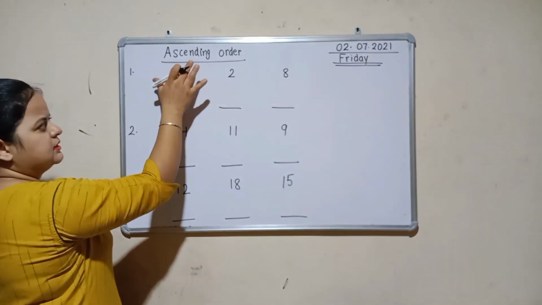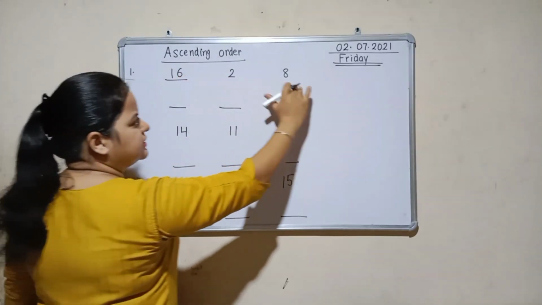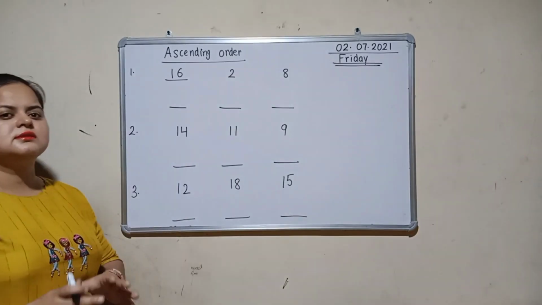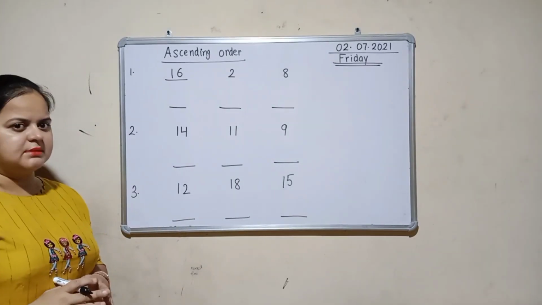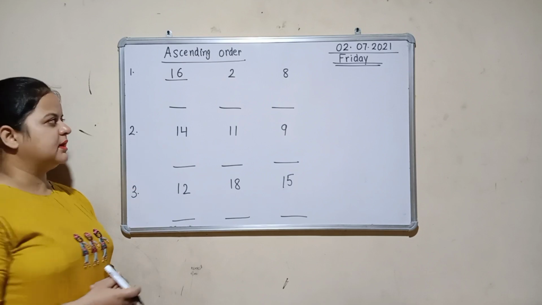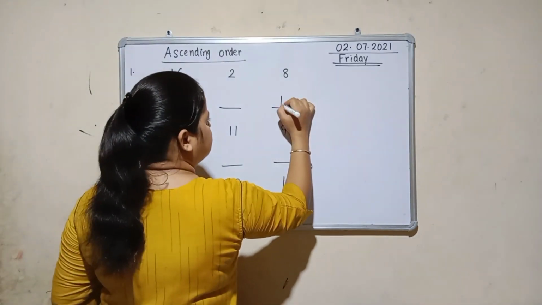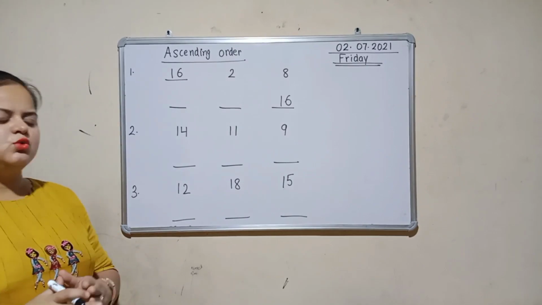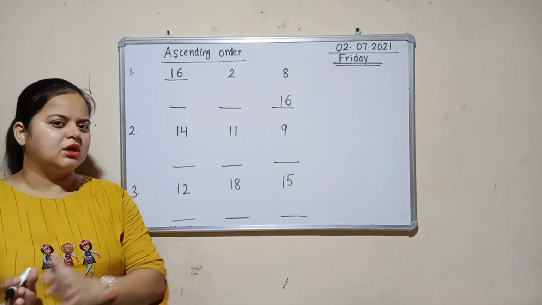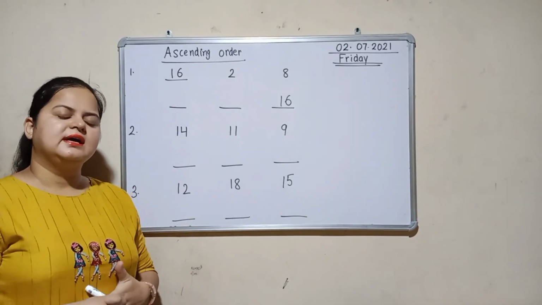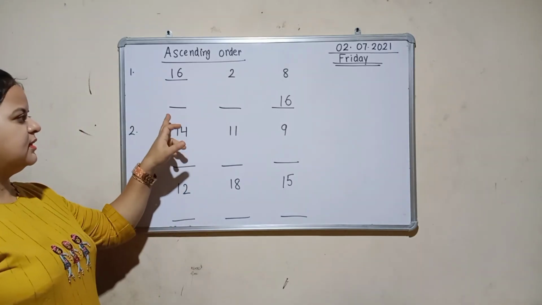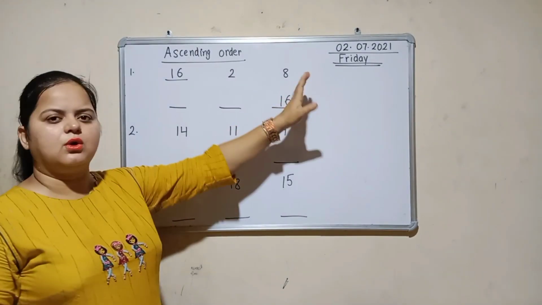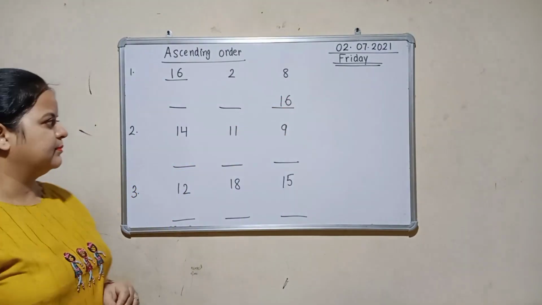So this is the greatest number from these three. In these three numbers, 16 is greatest. 16 is the greatest number, the bigger number, so we will write 16 here in the last, because to arrange numbers from smallest to greatest is called ascending. Here we will start from the smallest number and end on the greatest number.